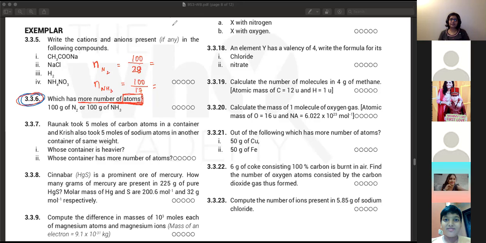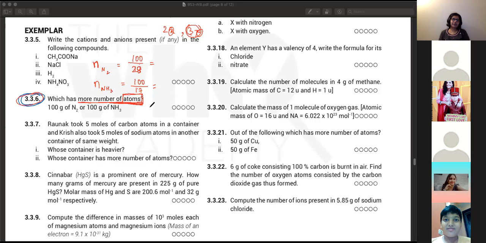Because if you compare 2x and 3x, which one will be greater? 3x, right? You'll know directly because x is the same number. So instead of x, you have Avogadro's number, so you don't have to do the whole multiplication. And we also don't need to find the number of moles because 100 by 17 has to be bigger than 100 by 28.